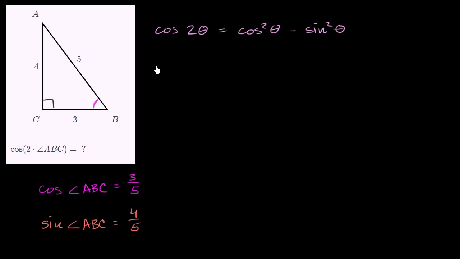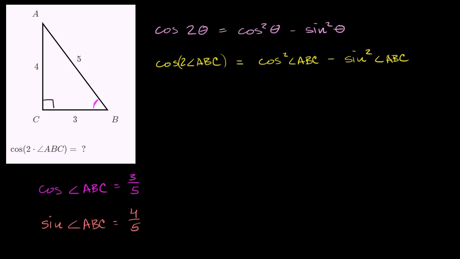The cosine of 2 times the angle ABC, that's what we care about, is going to be equal to the cosine of angle ABC squared minus sine of the angle ABC squared. And we know what these things are.